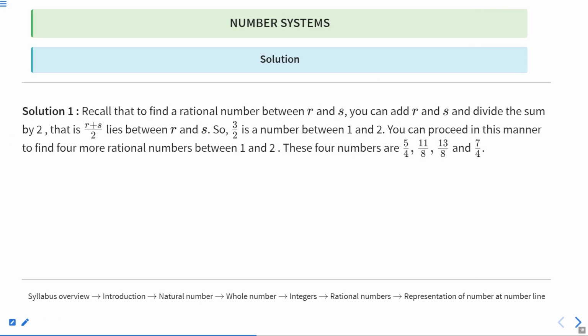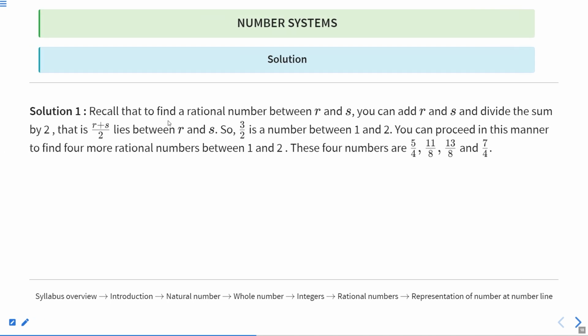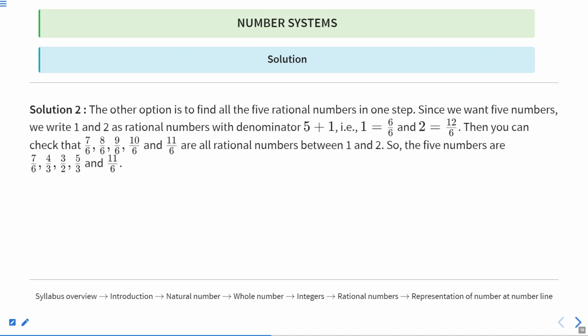Here this process is a very lengthy process, and it is time taking. Now let us see solution number 2. The other option is to find all the 5 rational numbers in one step. The previous method is not a one step method.